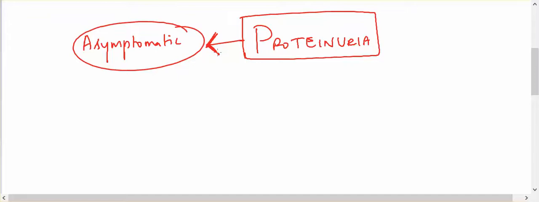The easily visible clinical sign is edema, periorbital edema, facial edema or anasarca. Because there is proteinuria, as we discussed in the pathogenesis, normally there will be edema. If the patient is not having any other signs or complaining of anything, it is called asymptomatic proteinuria.